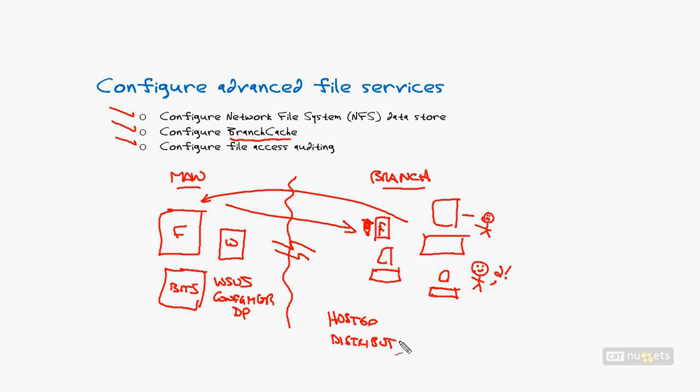In the case where I'm using distributed mode, each individual workstation ends up becoming the location where the content actually gets cached. And when I configure a group policy, it will automatically set aside a little portion of disk on each person's workstation as a repository for storing this cached content.